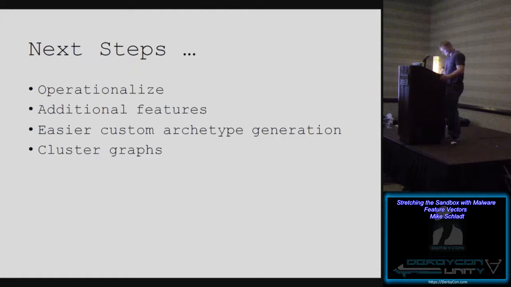And cluster graphs. The one thing you didn't see is any cluster graphs, where you could take a whole group of samples and put them on a single plot and see how close they were relationally. The challenge there is that when you have an n-dimensional vector and you want to plot it in 2-dimensional space, you're going to lose data.